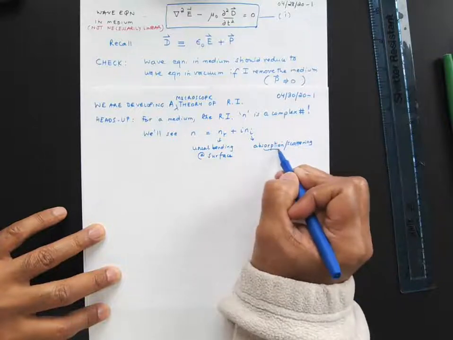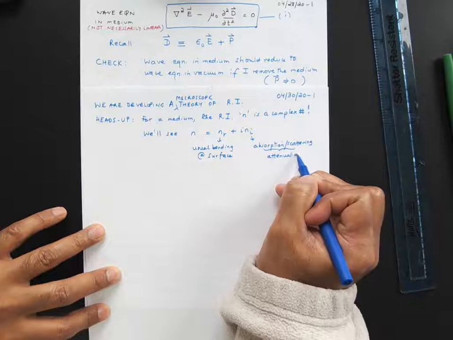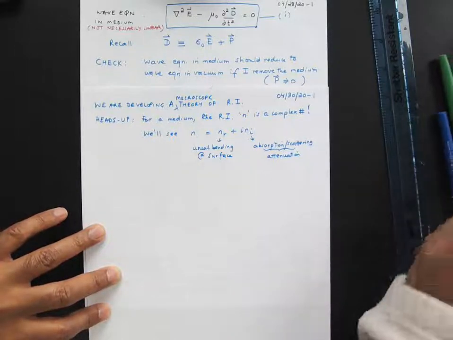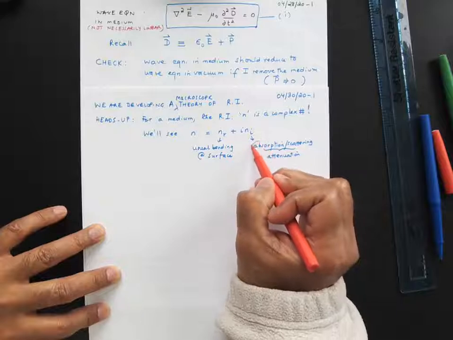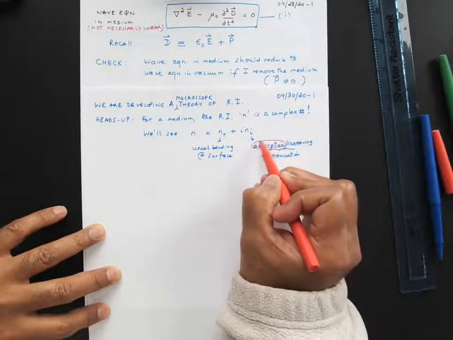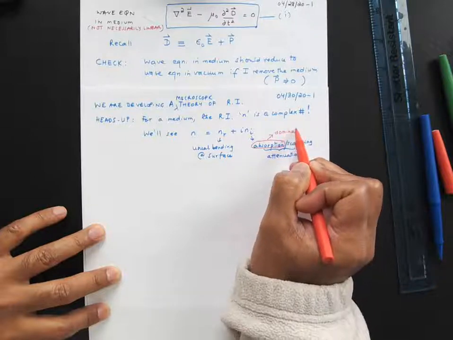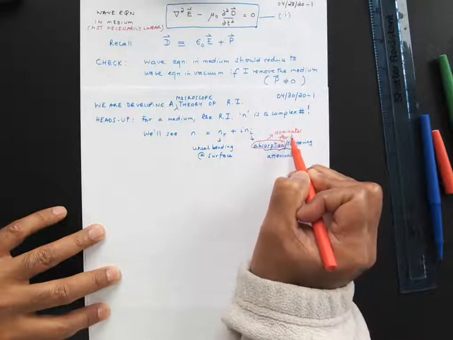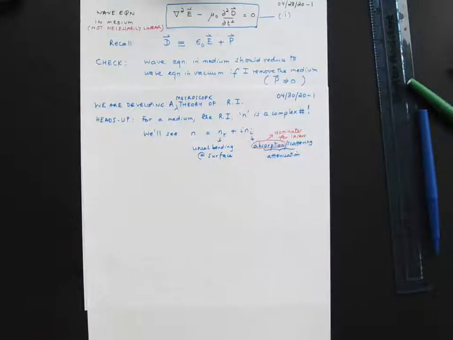Of course, the sum of the two is attenuation. In the context of the laser, because we're looking at near resonance things, the absorption tends to dominate for lasers, and we've touched upon this before.